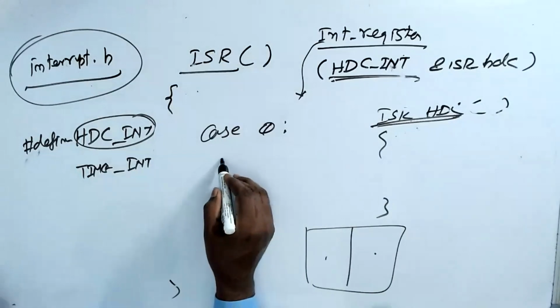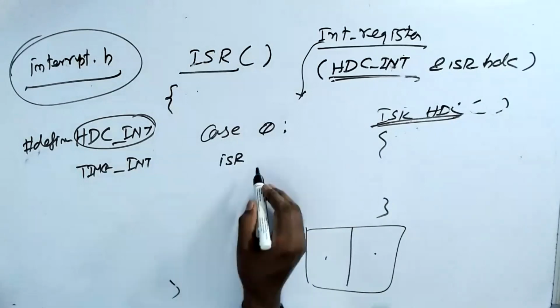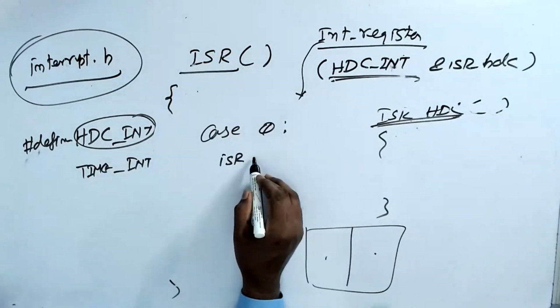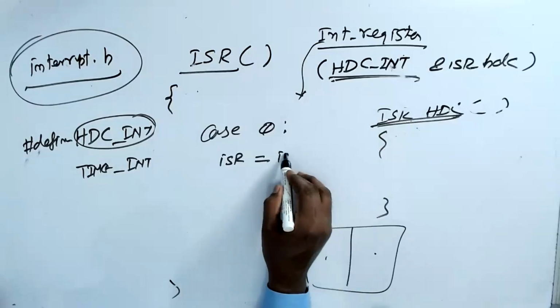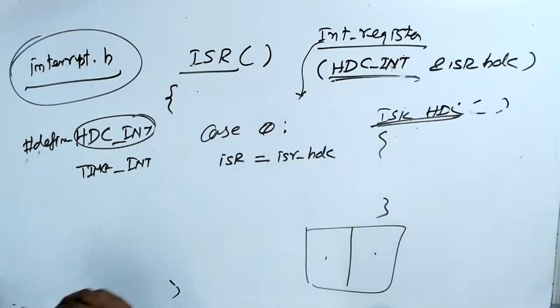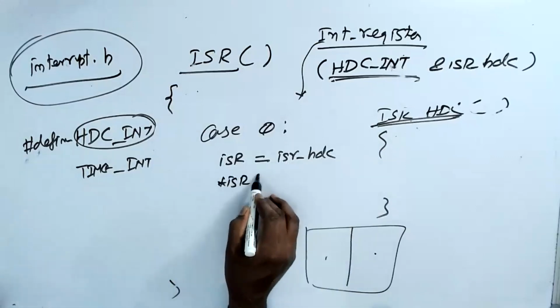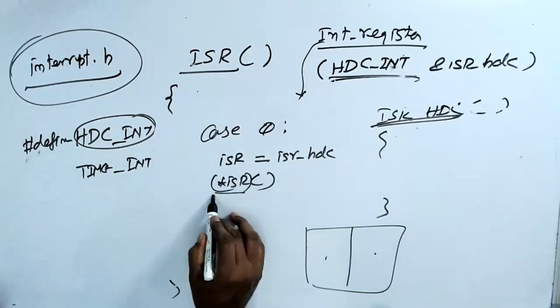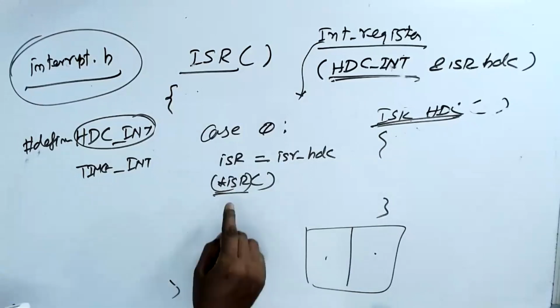Now we say ISR equal to this one, ISR HDC. Then I'll say star. This is called a pointer to function. It's not a function pointer, it's the other thing.